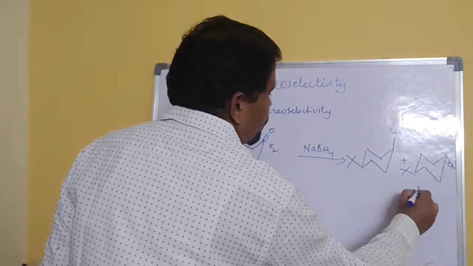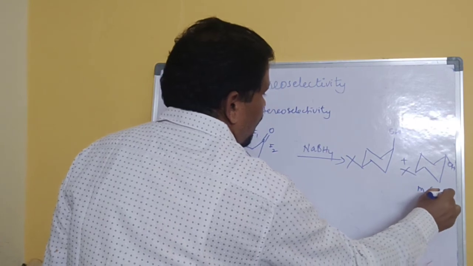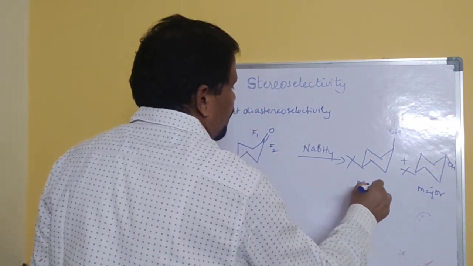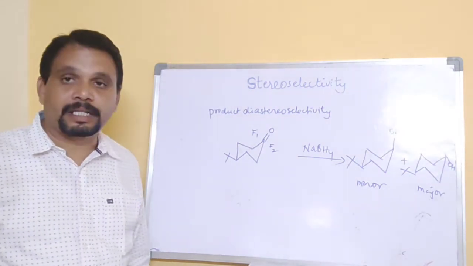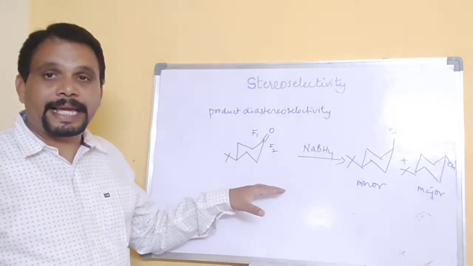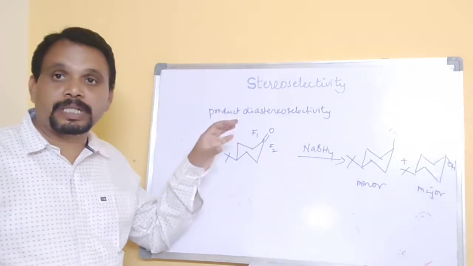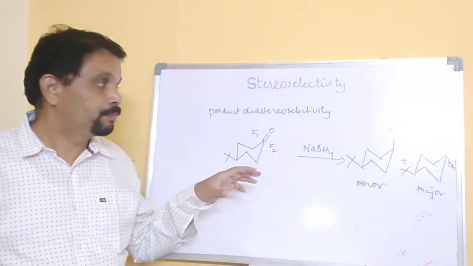This is major and this is minor. So this is the example for a product diastereoselective reaction.